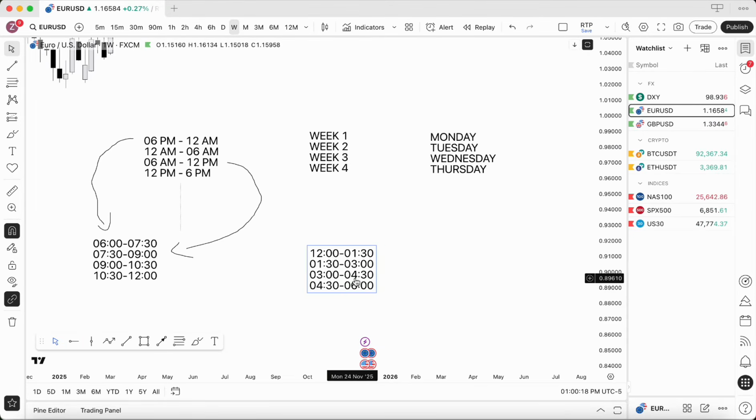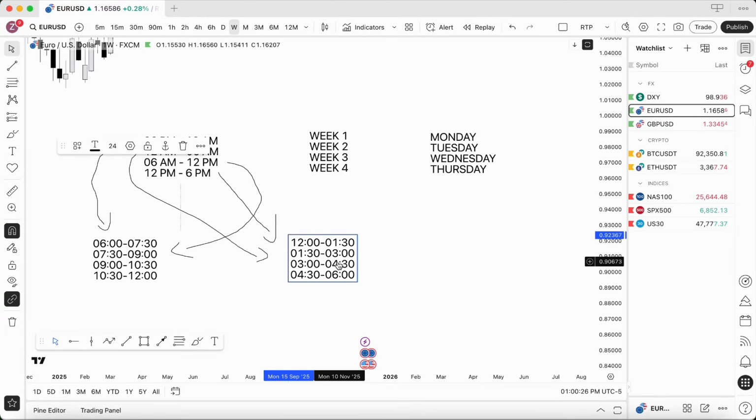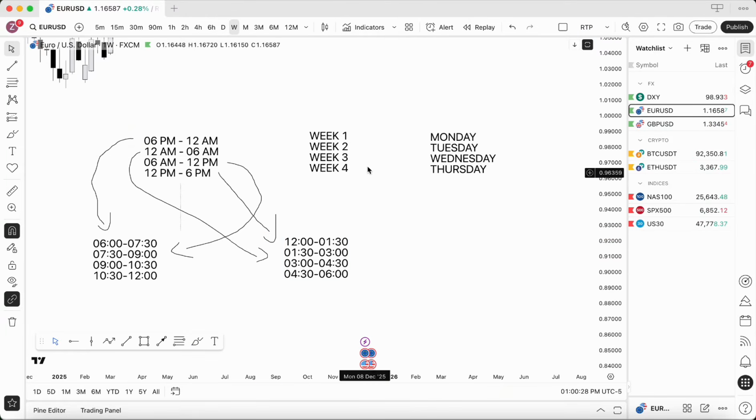Now this is for Q number 2 and Q number 4, like that. This is what you have to use. Now it's Q1, Q2, Q3, Q4. Again, same thing, again, same thing. This is our cycles that you have to know and use.